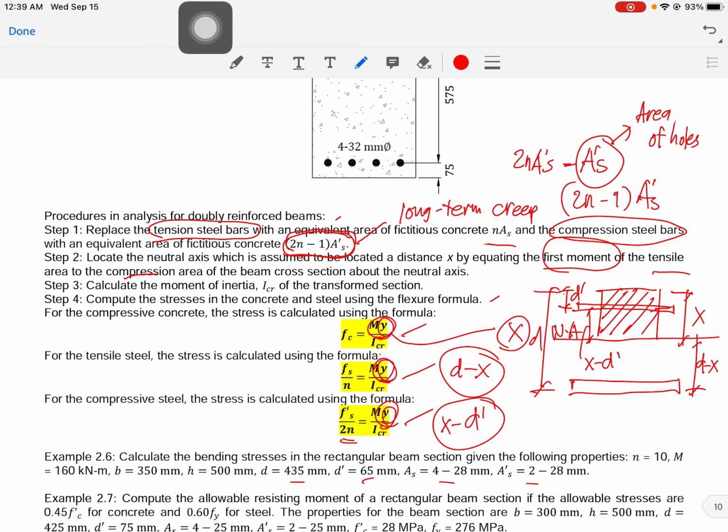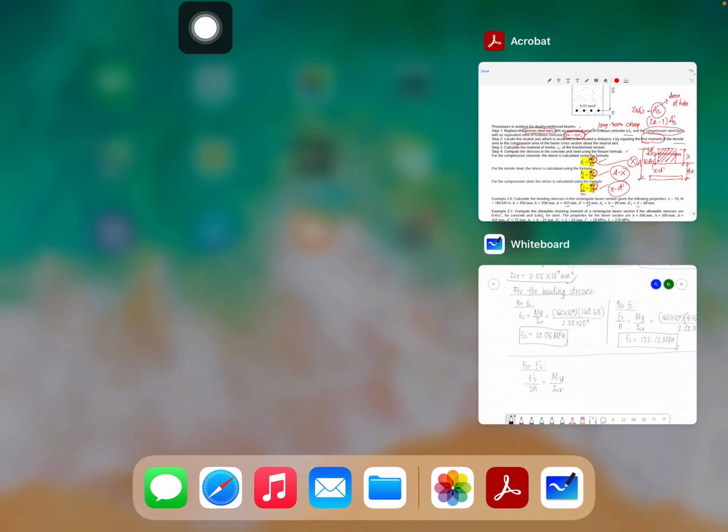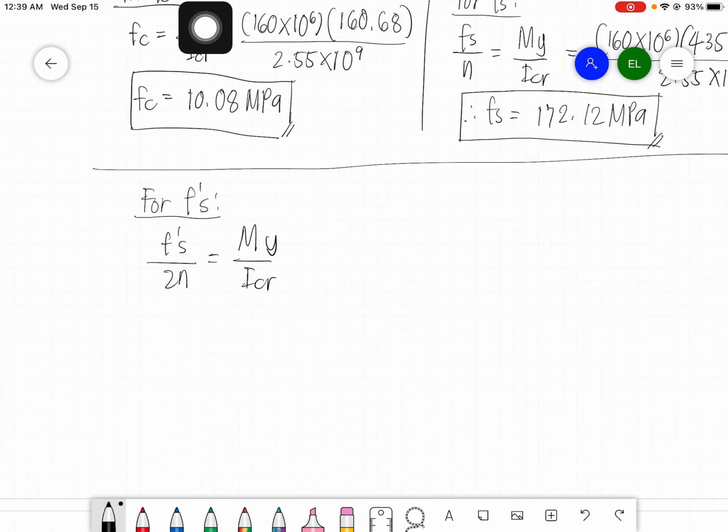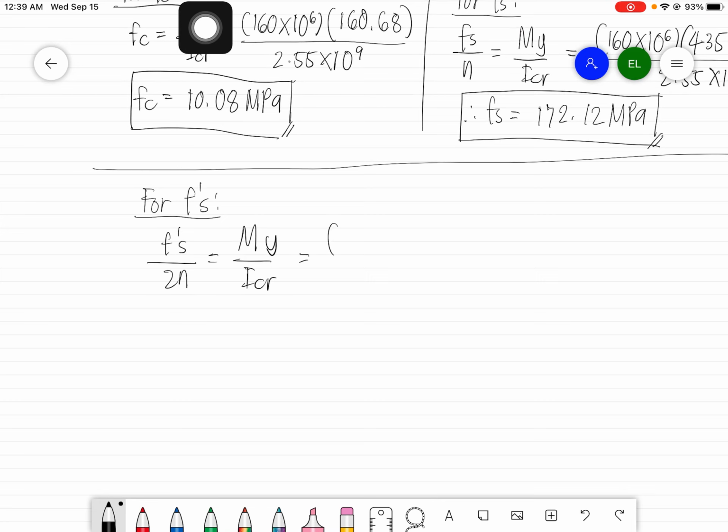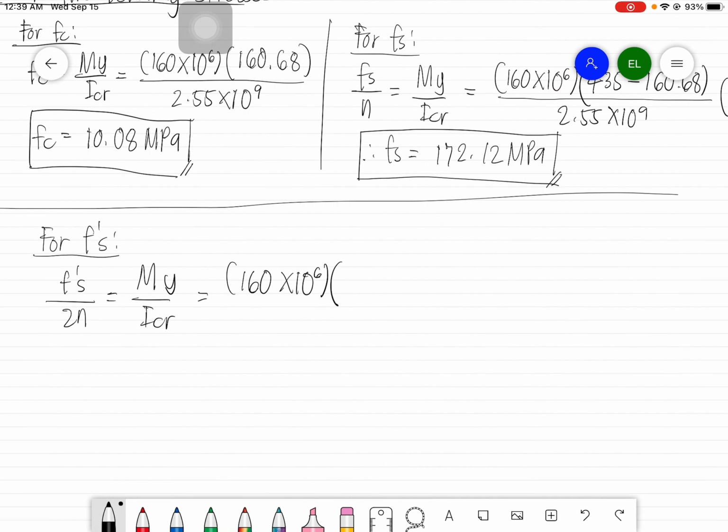Also, the Fs will be denoted as Fs prime. So we have M, 160 times 10 raised to 6, times y. Again, the value of y here is x minus d prime, wherein x is 160.68, minus 65 the d prime, then over 2.55 times 10 raised to 9.